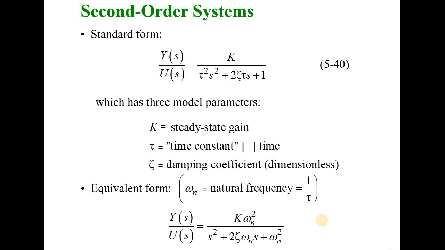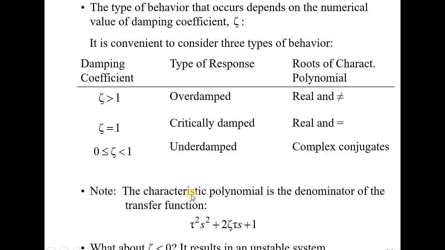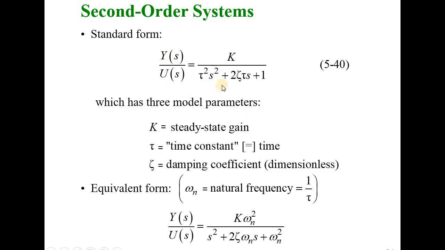Now, what we want to study is if we have a step input to a second order process, a second order system, what will be my response? We are going to look into our response in a moment. And to study this response, we are going to get to some new terminologies that we need to get used to.